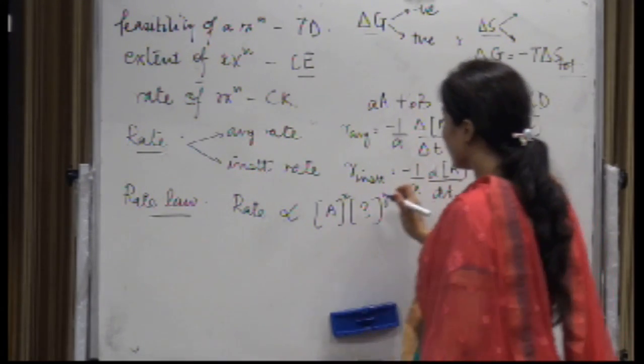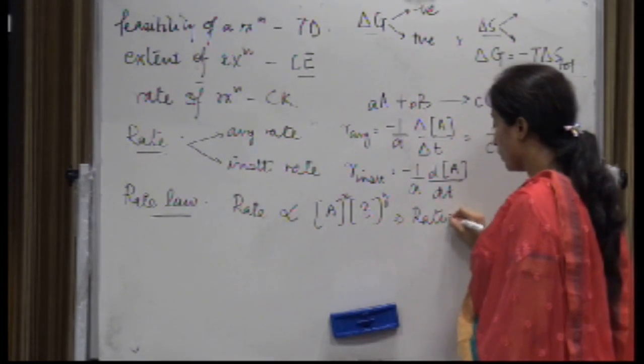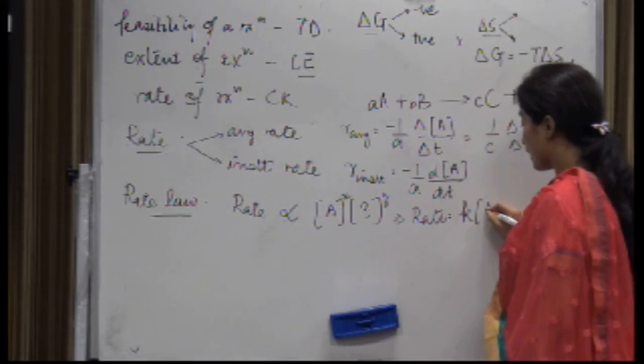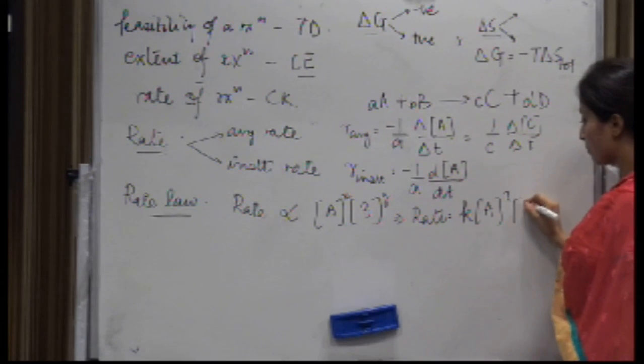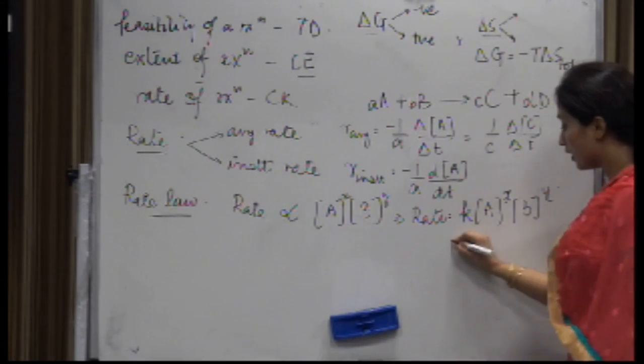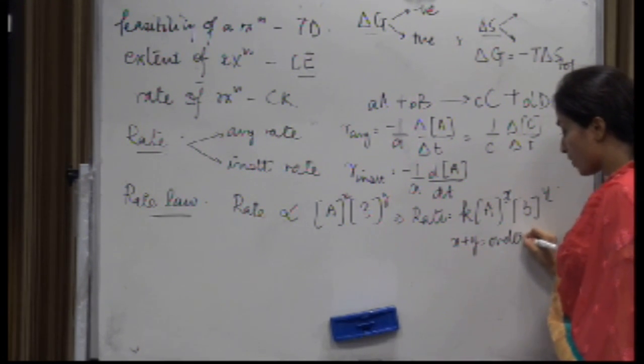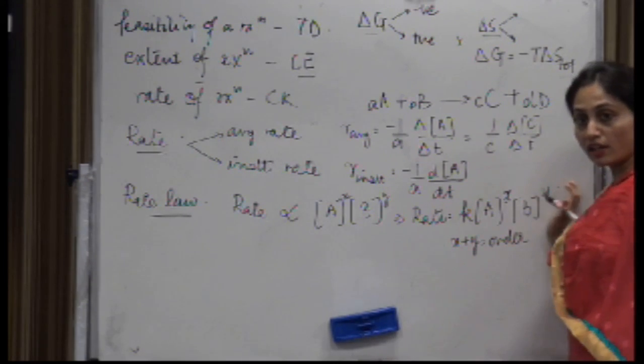Okay, so here what you can talk about is that finally your rate turns out to be equal to k into A to the power x and B to the power y. From here, you talk about a term which is known as order. Order of the reaction is the sum of the powers in your rate law equation.